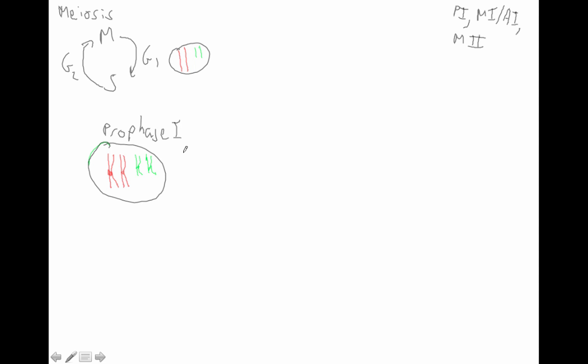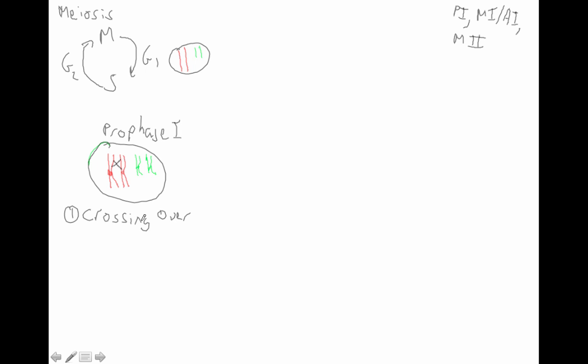During prophase 1, we have our first instance where genetic diversity is increased. So let's draw number 1 here. And this is called crossing over. Crossing over occurs during prophase 1, and it occurs between homologous pairs of chromosomes right here.